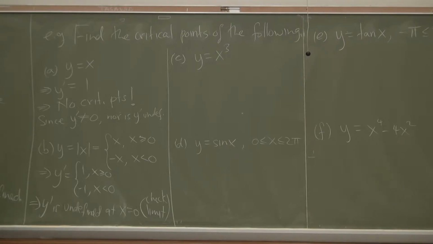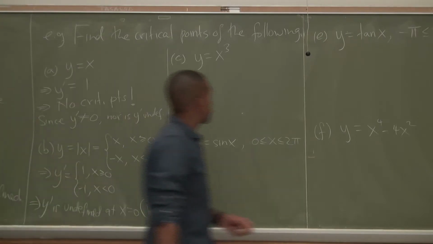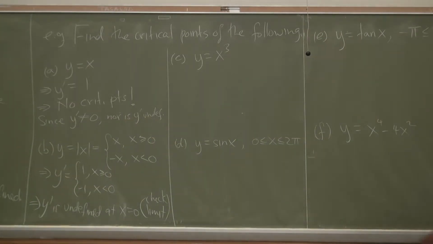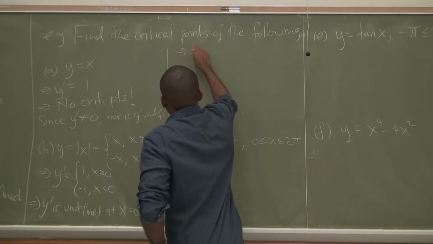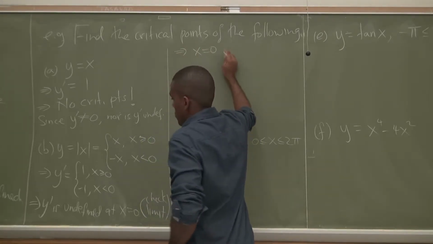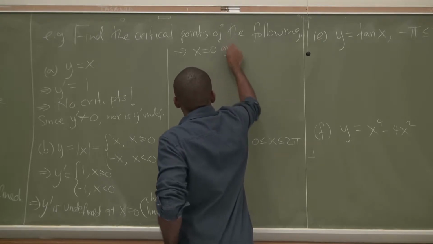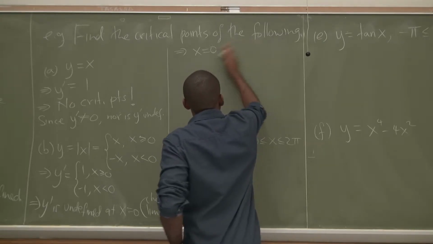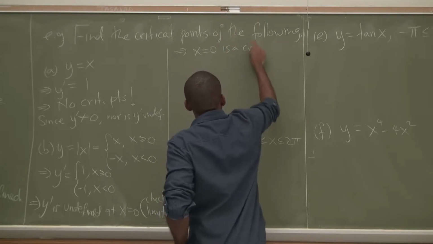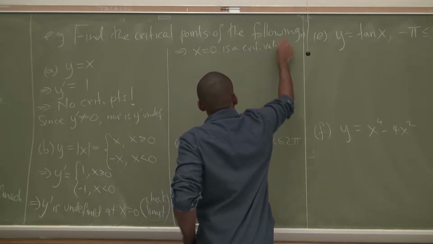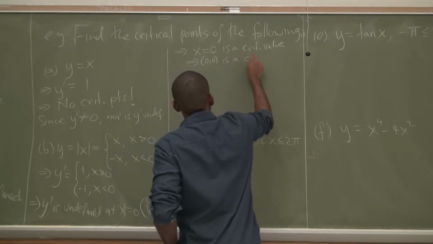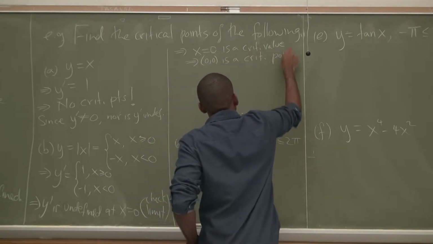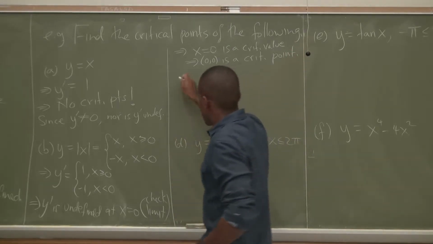So this means x equals 0 is a critical value, which implies (0, 0) is a critical point. So the critical point ends up at the origin.